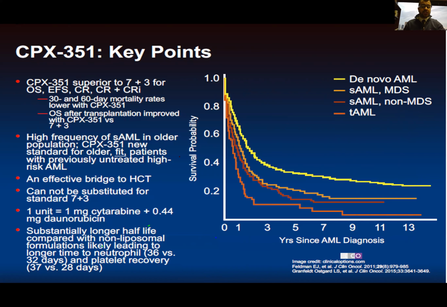It's a very effective bridge to transplant, and it cannot be substituted across the board for all 7+3 appropriate patients. It only would be usable in those. Remember, it has a substantial longer half-life because of the liposomal formulation, and that leads to prolonged cytopenias.